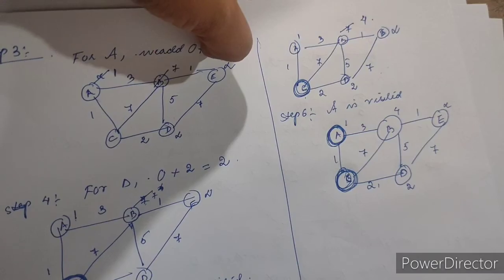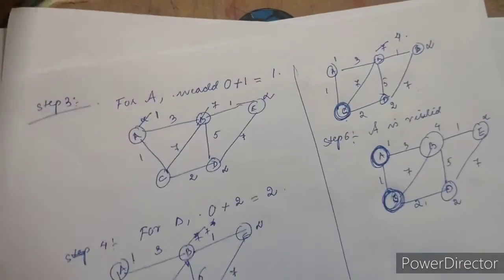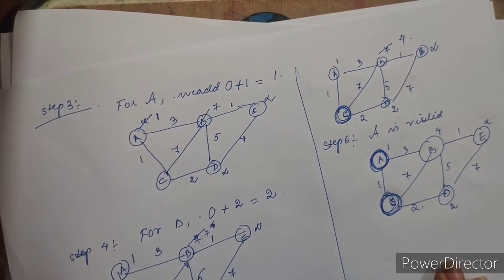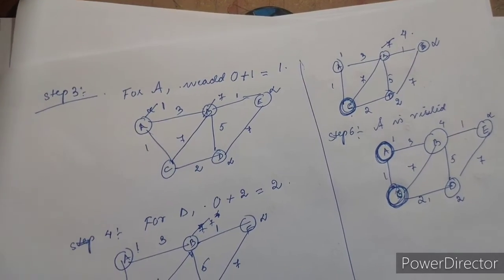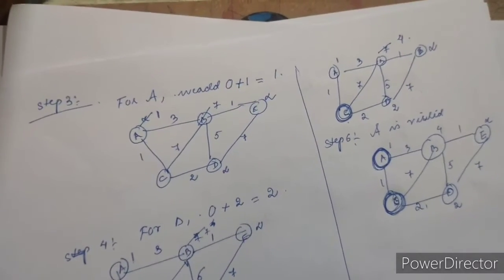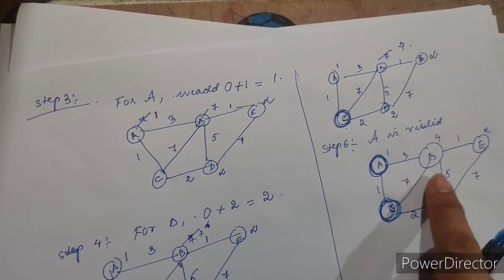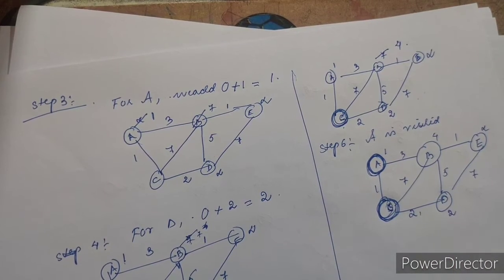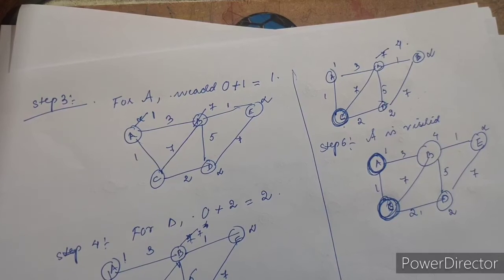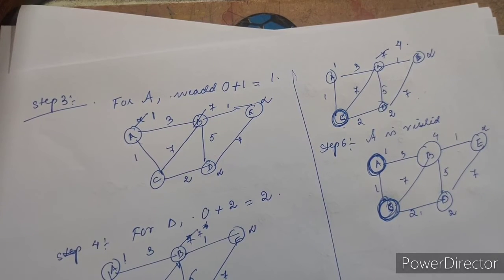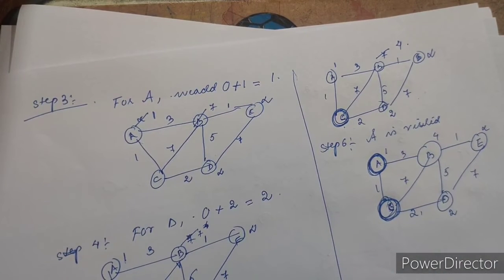Now what we have to do, we have to see the distance for node E. Okay, for node E we have obtained the distances from here.